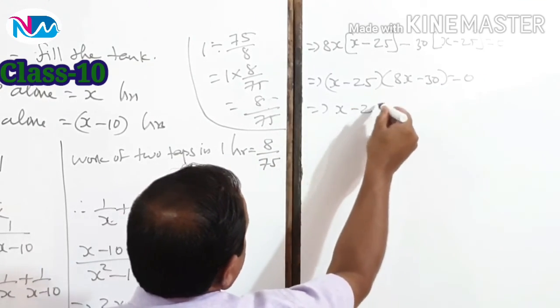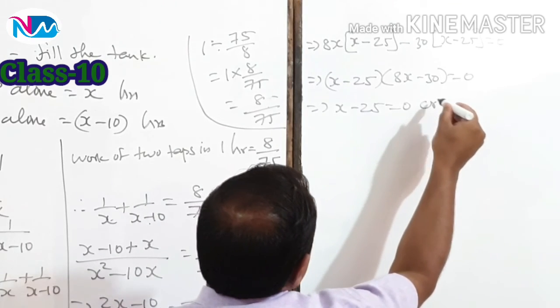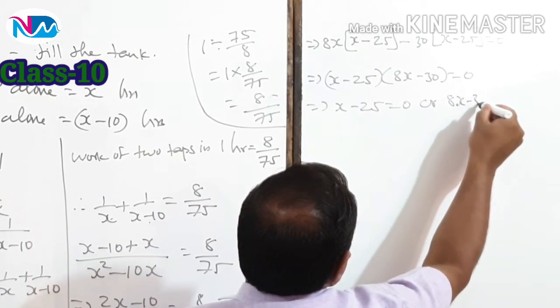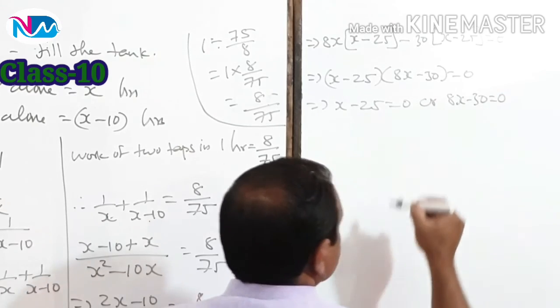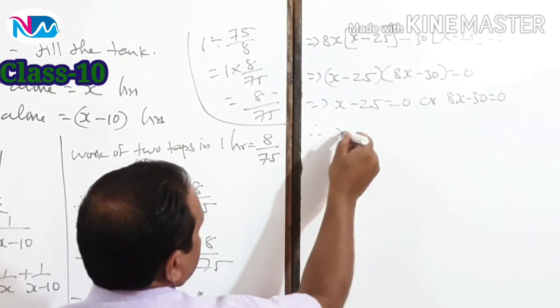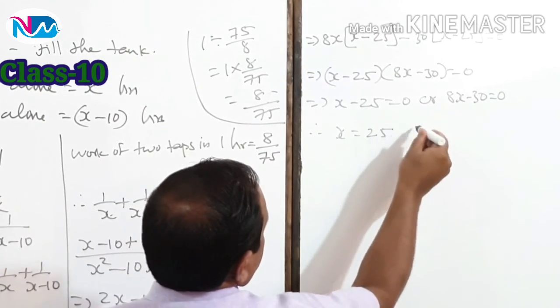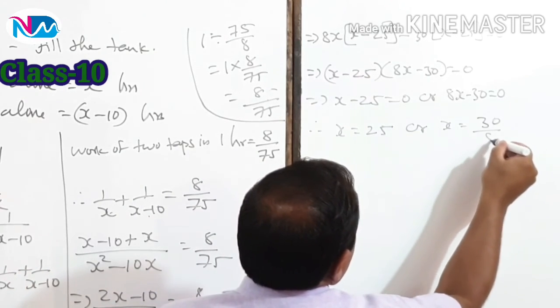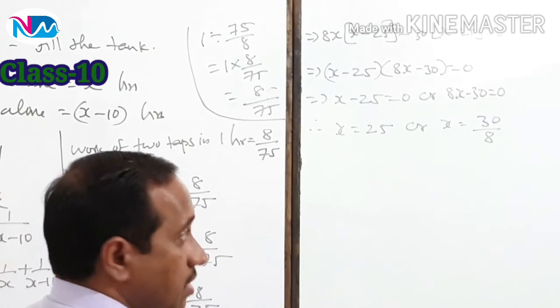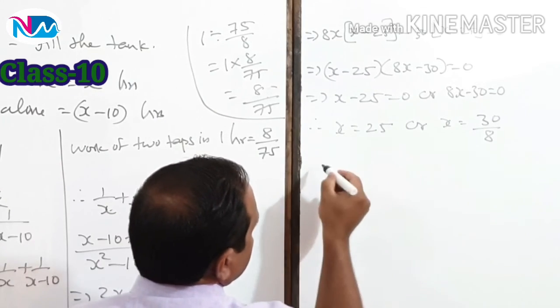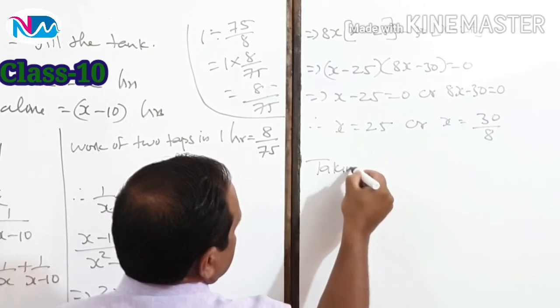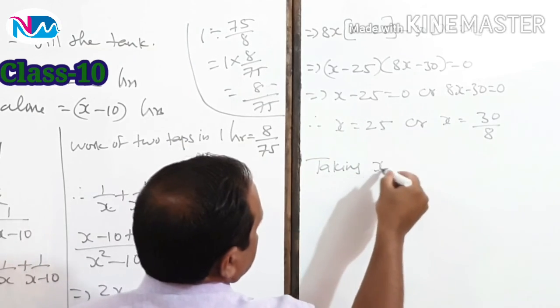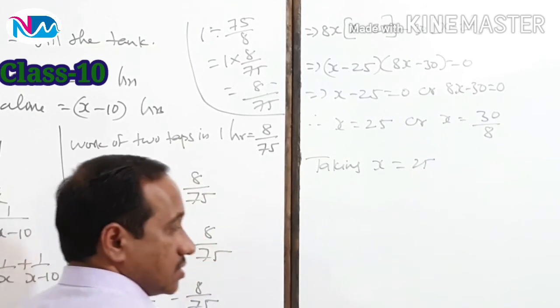From this we get x minus 25 is equal to 0, or 8x minus 30 is equal to 0. Therefore we get x is equal to 25, or x is equal to 30 by 8. Here we take the integer value, taking x is equal to 25.